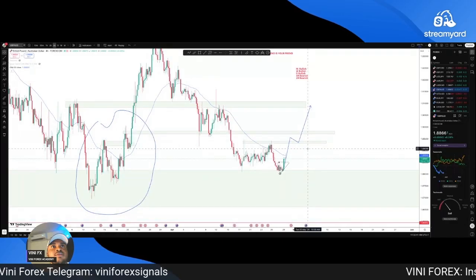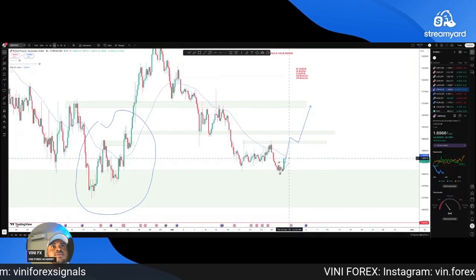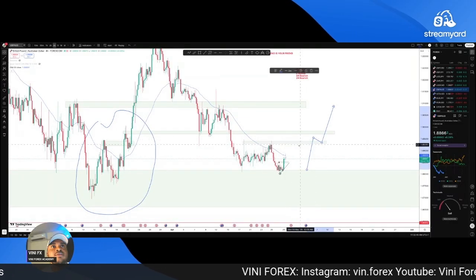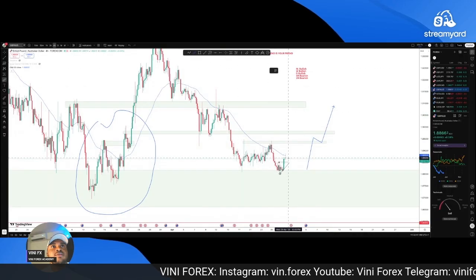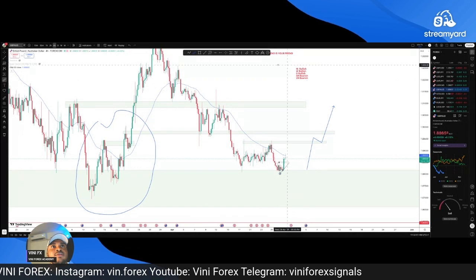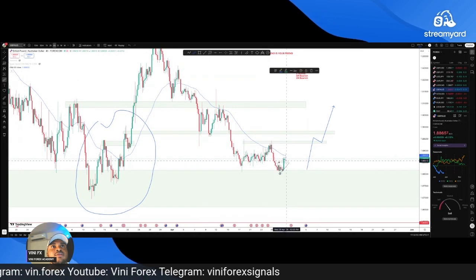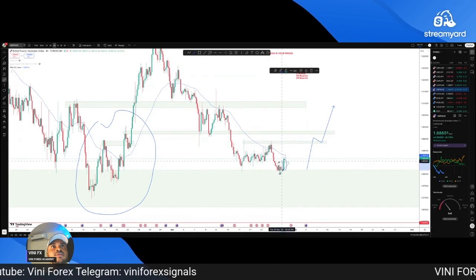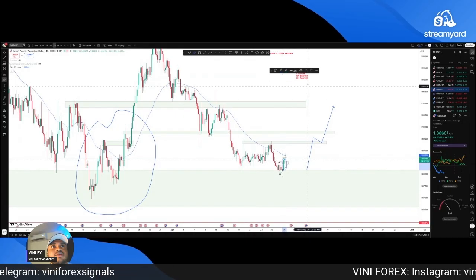Do you see that? And if you look closely here, we now have our first strong bullish candle, which shows that yes, there is a buying momentum. The buyers are already in control.